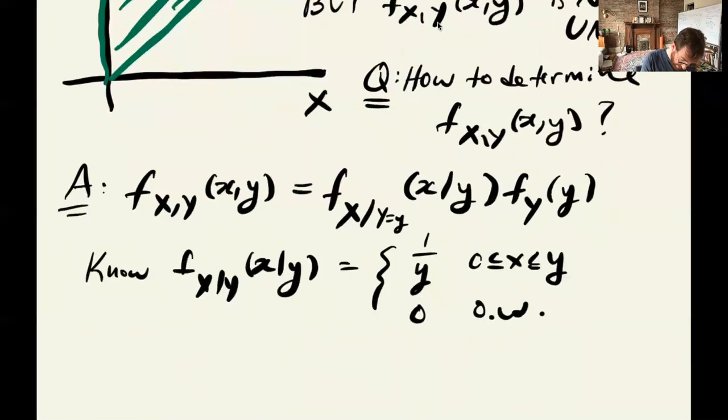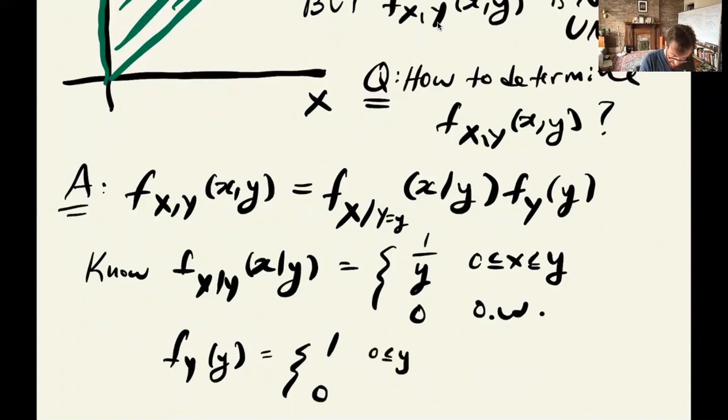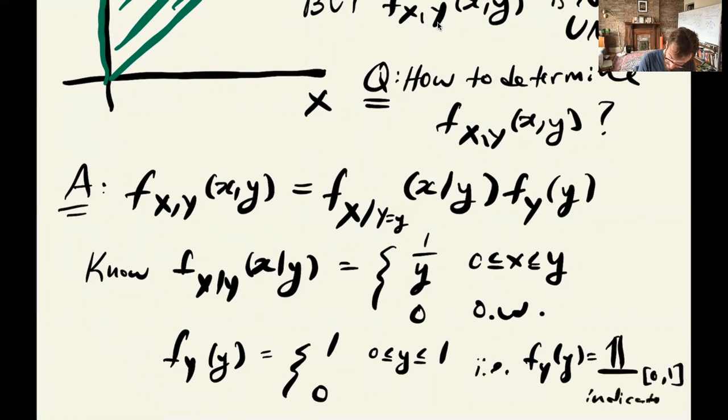And moreover, we know that f of y, little y, well, that's just got to be the PDF for y, which in this case looks like the uniform distribution. So it's 1 for y between 0 and 1. So f of y equals little y is what we might call the indicator function on this interval 0 to 1.